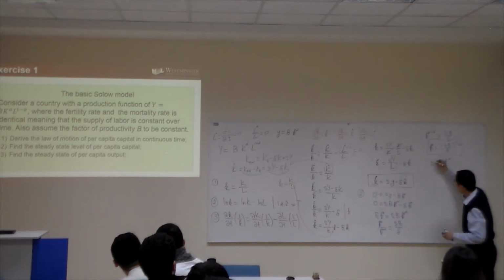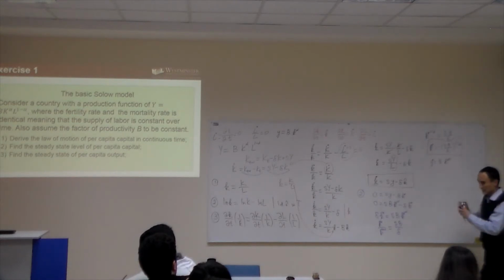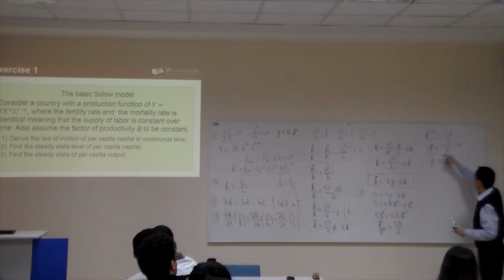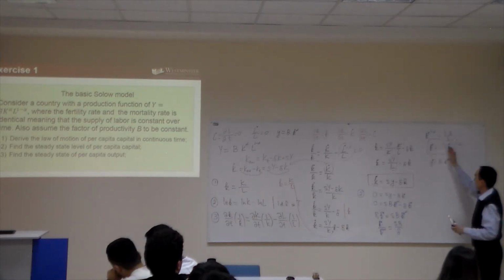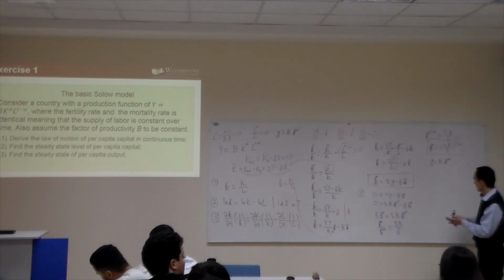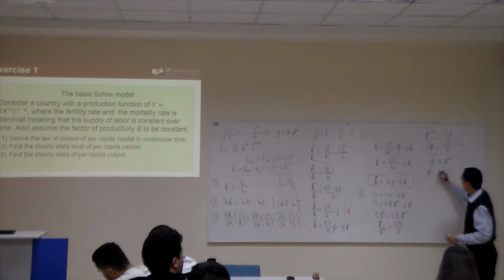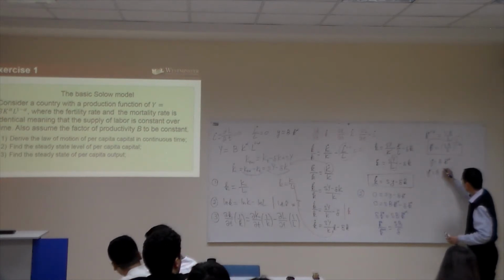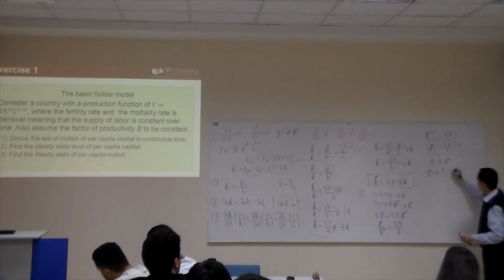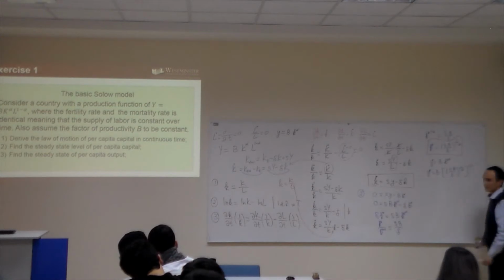Our per capita output is going to reach the steady state level if capital is in steady state level. We already know what steady state per capita capital is. We just plug it in this equation and we will find it easily. So our per capita output in steady state level is equal to technology times saving times technology over depreciation in the power of 1 over 1 minus alpha, all in the power of alpha.